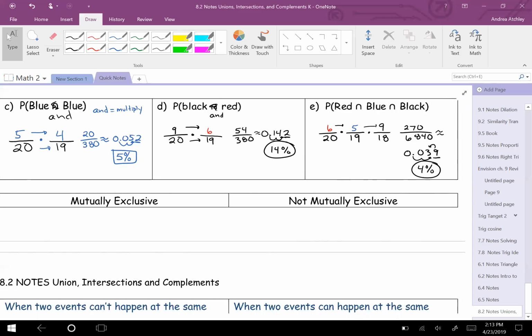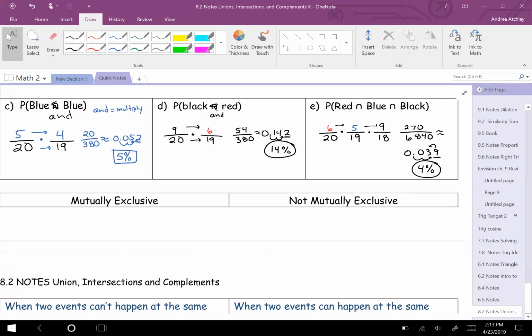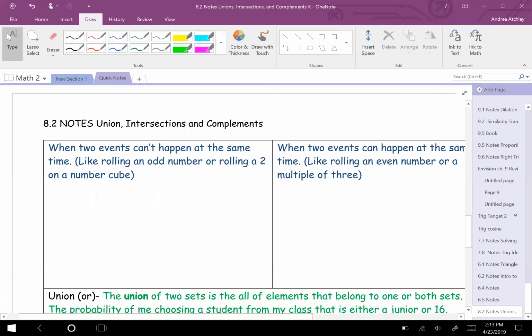Okay, mutually exclusive are events that can't happen at the same time. So it'd be like rolling an odd number and a 2. Can I roll an odd number and a 2 at the same time with 1 die? No, so that is mutually exclusive.